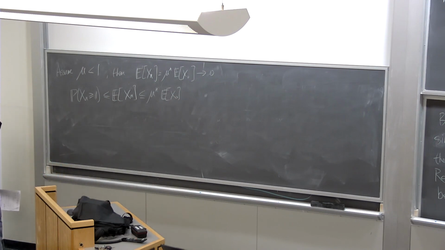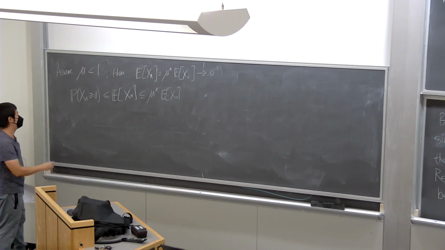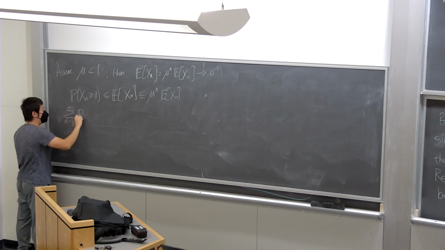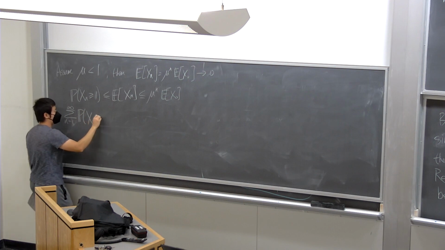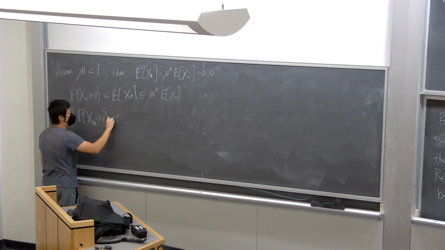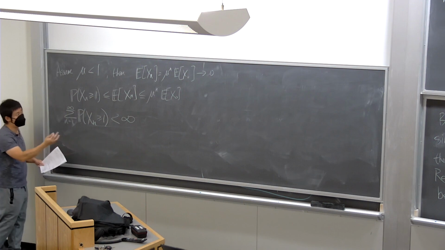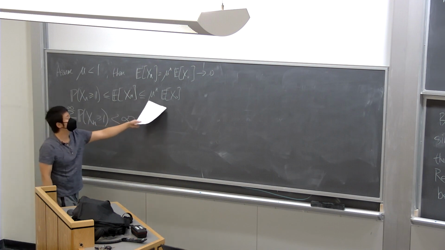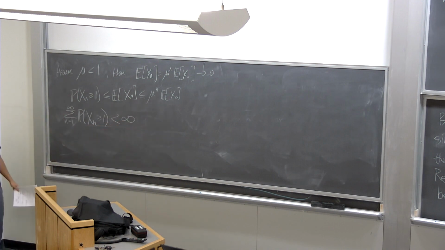This implies that the sum as n goes from 1 to infinity of the probability that x_n is greater than or equal to 1 is finite, because it is bounded by a geometric series, which is summable in n. If we have a sequence of events whose probabilities sum to a finite value, what theorem can we apply?